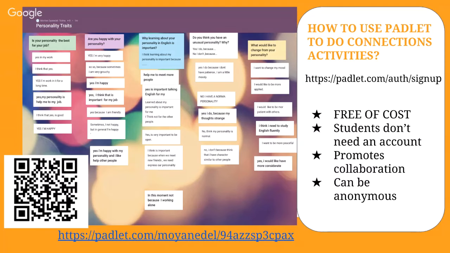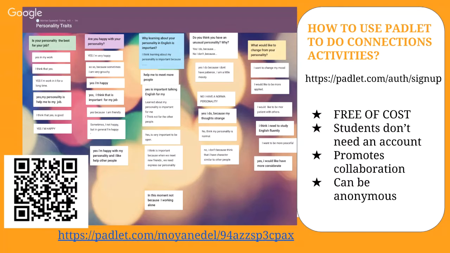So this is a screenshot of Padlet, and I know many of you might know it, but I've been using Padlet to do a lot of the connection activities. This week in my class we were talking about personality traits, and I asked several questions. My class is a multi-level class, and so of course I use Padlet. I put some questions. We talk about vocabulary, and then students respond.